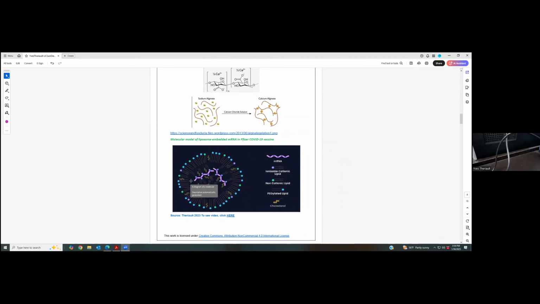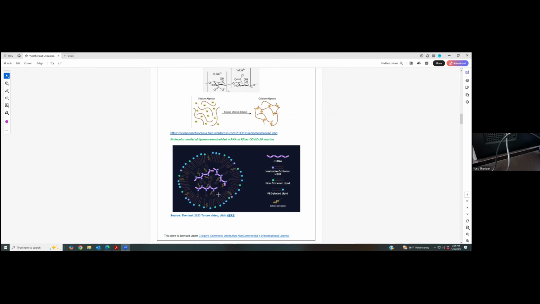The first liposome, nanoliposome formulation was developed in 1995, way before COVID-19 vaccine, right? And this actually was to entrap a very high amount of doxorubicin. So the idea was to have a core here, and instead of mRNA, it was the drug itself, small molecule drug, much simpler.